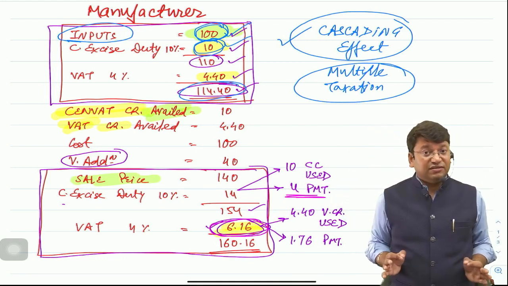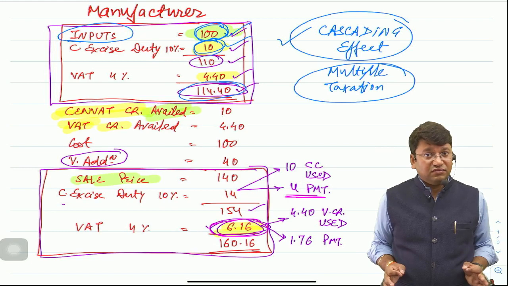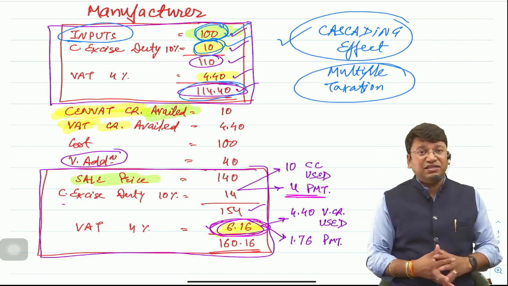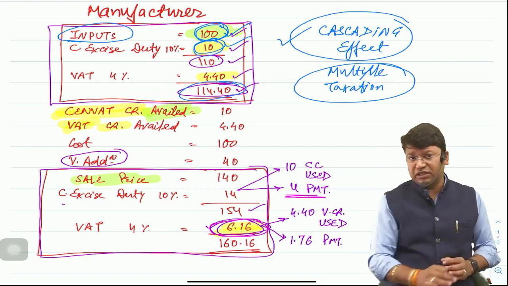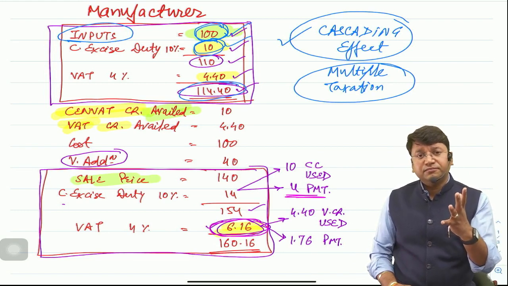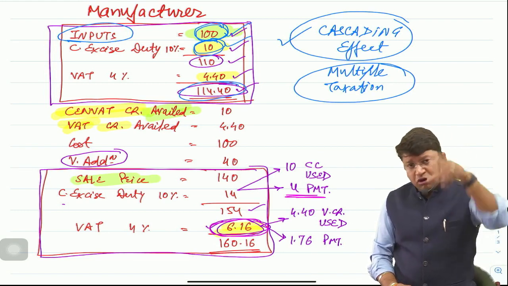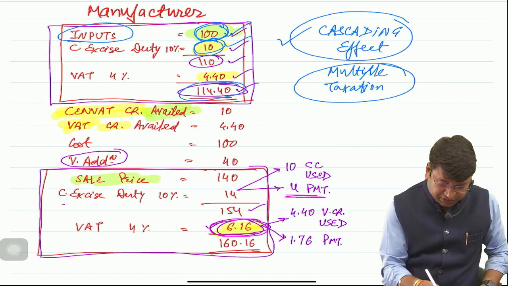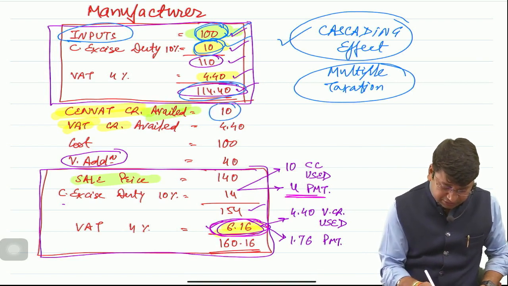Sir, see, I'll justify this explanation. Suppose you have paid some tax on your purchases. Suppose rupees 10 was paid on your purchases here.